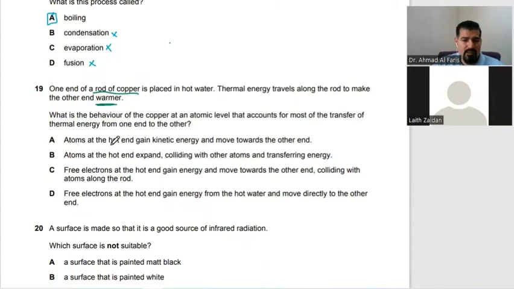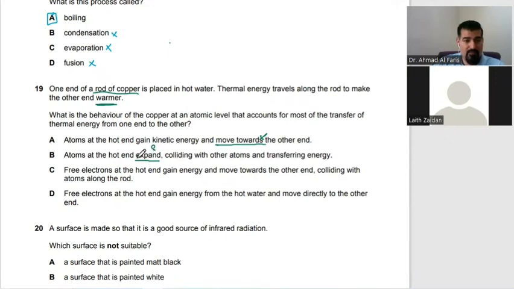The atoms at the hot end gain energy and move towards the other end? No, they don't move. This is not correct because it's solid. Atoms at the hot end expand? Do the atoms expand? No. Colliding with other atoms and transferring energy? No. If I say they vibrate more or increase their kinetic energy, yes, correct.